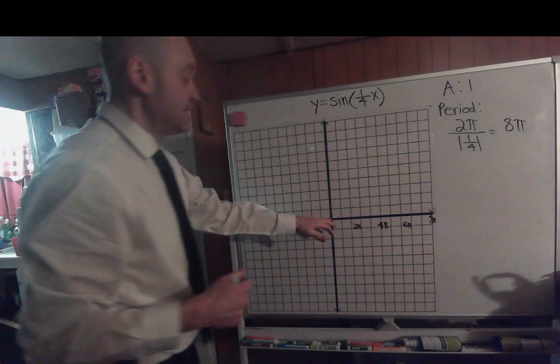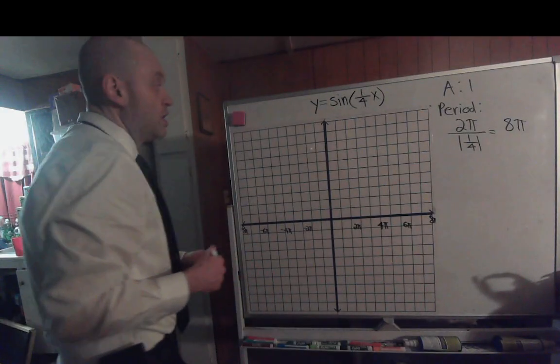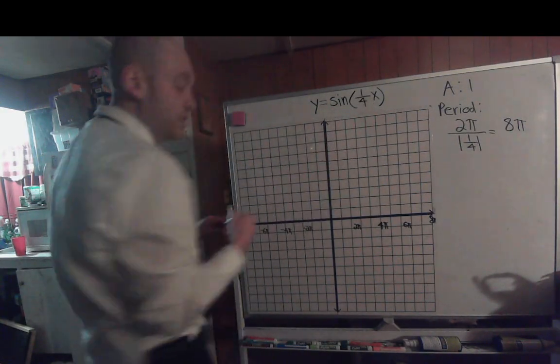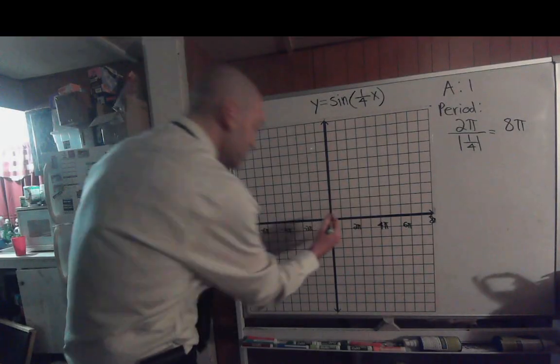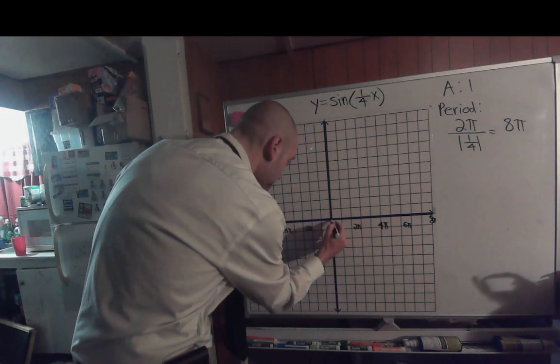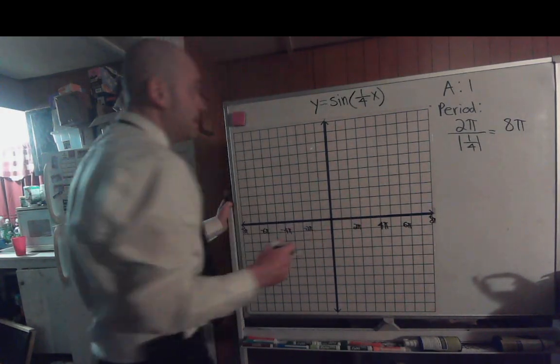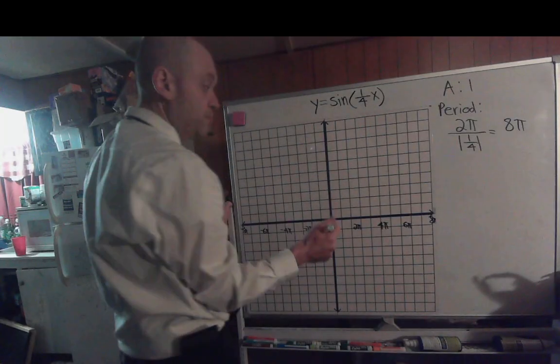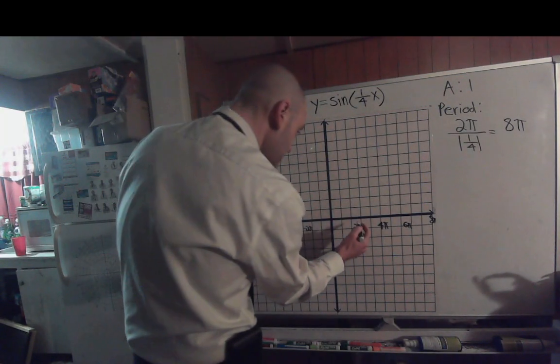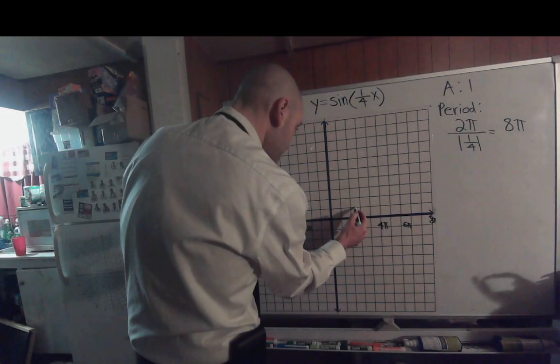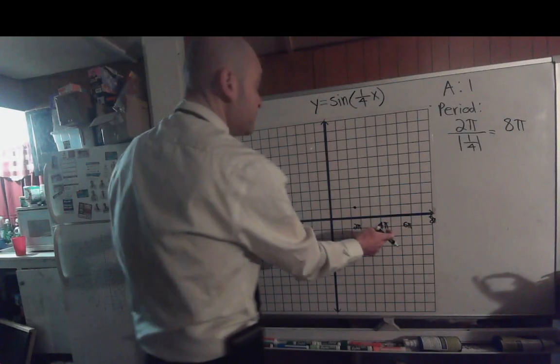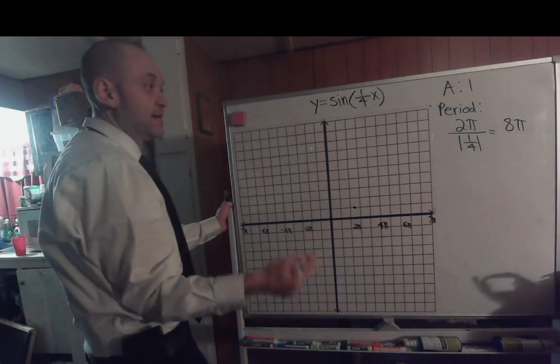So let's put in 0 for x, okay? Well, if you put in 0, you'll still get sine of 0. The sine of 0 is 0, right? Now, let's put in 2 pi. So what's 1/4 of 2 pi? That'd be pi over 2. Your sine would be 1. Now let's put in 4 pi. 1/4 of 4 pi is pi.